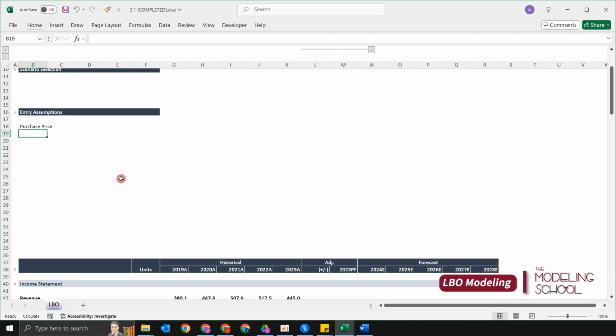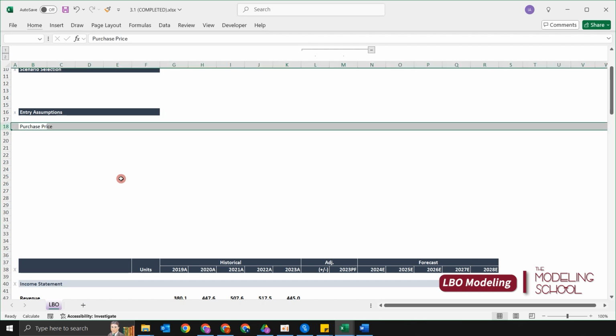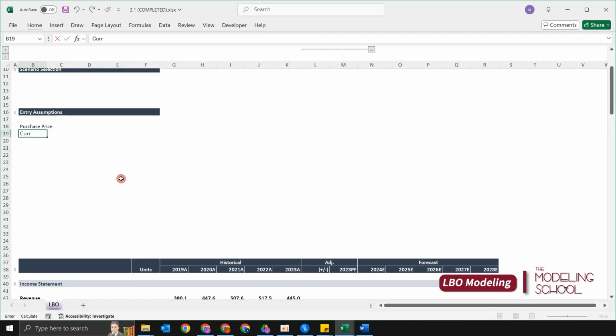So we're going to do a per share purchase price, and we're going to compare it to the current price. And we're going to assume a premium, a control premium, that's going to be paid from the current price. So that's going to be the purchase price.